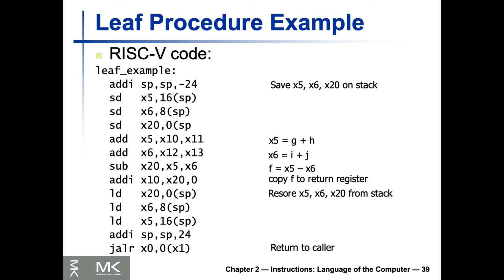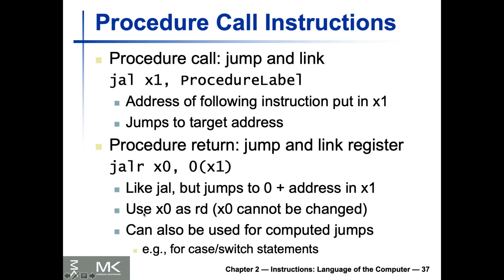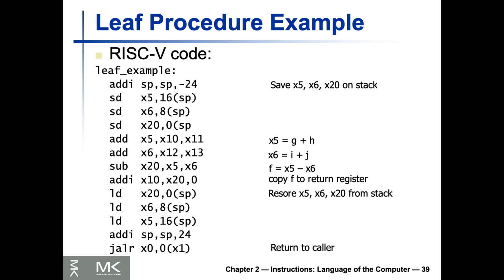In other things like addi, you would have used X0 as a 0 constant. Here, it's going to use X0 as your destination register, which cannot be changed. You'll see another example and figure it out. Okay, so now we understand the procedure return.